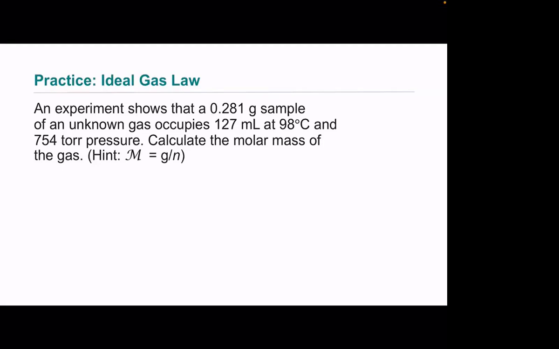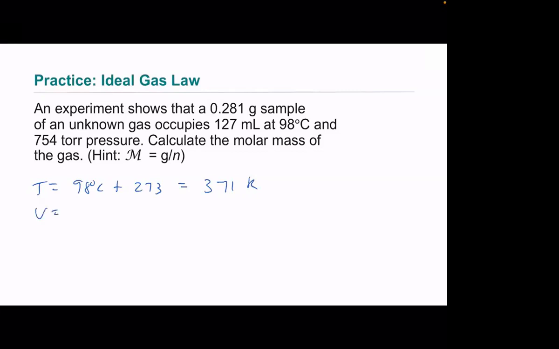Okay, so someone do that for me. It's going to be 371, because it's just 273 plus 98. So we've got temperature is equal to 98 degrees C plus 273. That gives us 371 Kelvin, right? What else do we need to do? Milliliters to liters.